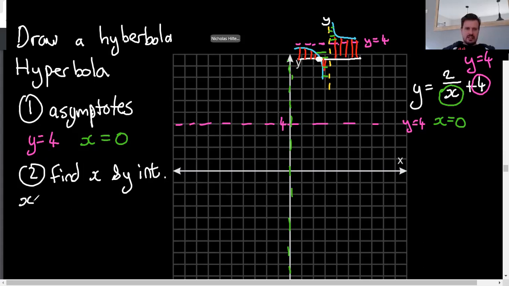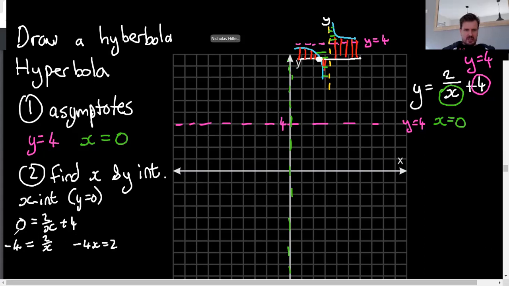Okay, well, for the x-intercept, you make y equals 0. We already did that, right? 0 equals 2 over x plus 4. So then you had negative 4 equals 2 over x. And then you had negative 4x equals 2, because when you take the x to the other side, it goes to the top.